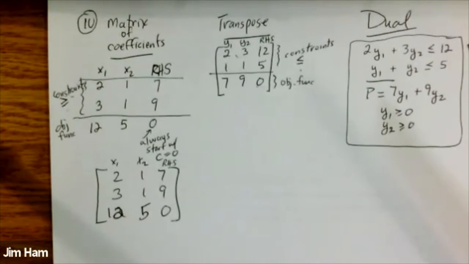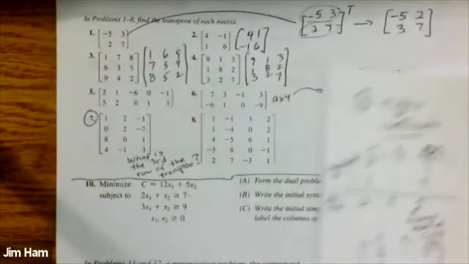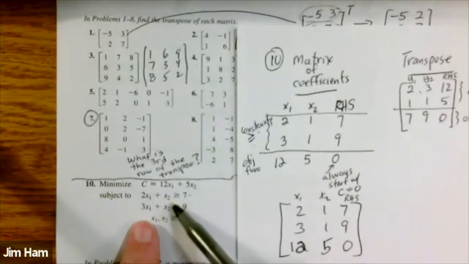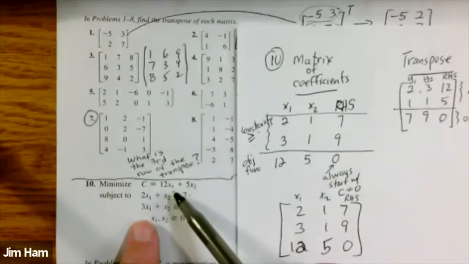That wasn't in the original problem. The only 3 variables in the original problem are c, x1, and x2.